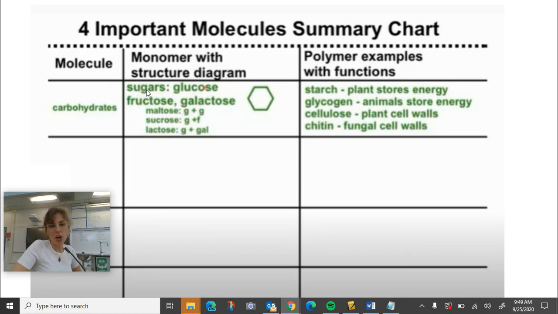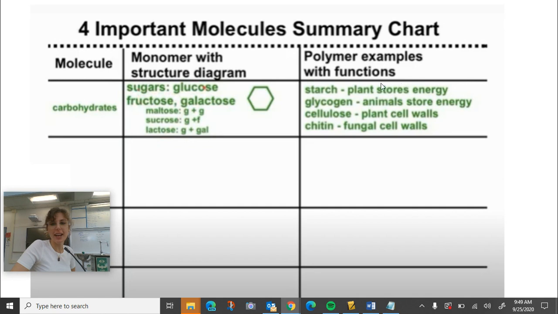The monomers are sugars or monosaccharides, specifically glucose, fructose, and galactose. Those are the important monosaccharides. And then we have our disaccharides: maltose, sucrose, and lactose. What is bonded with what? Maltose is glucose plus glucose, sucrose is glucose plus fructose, lactose is glucose plus galactose.